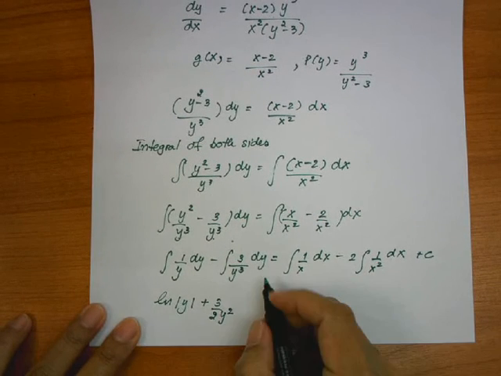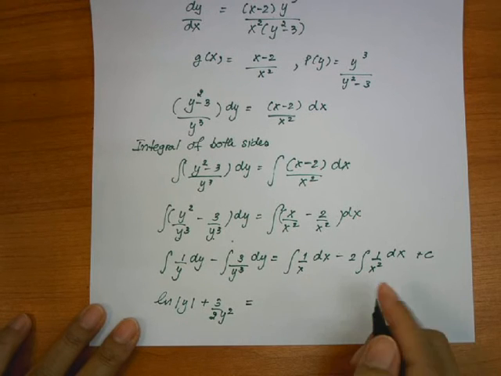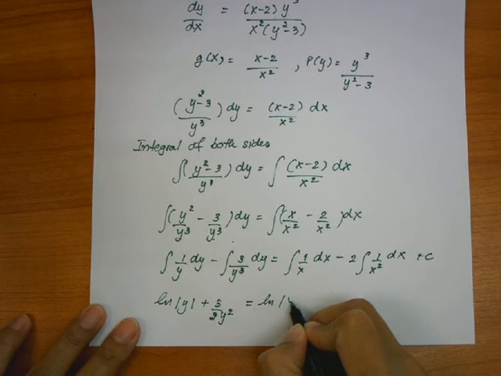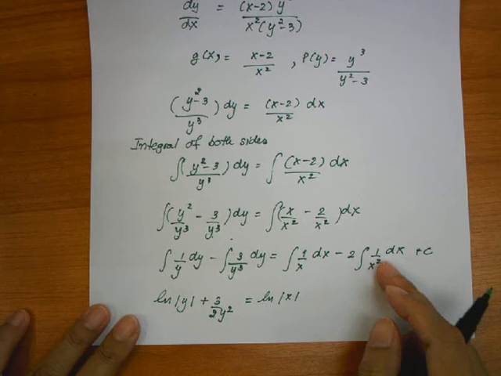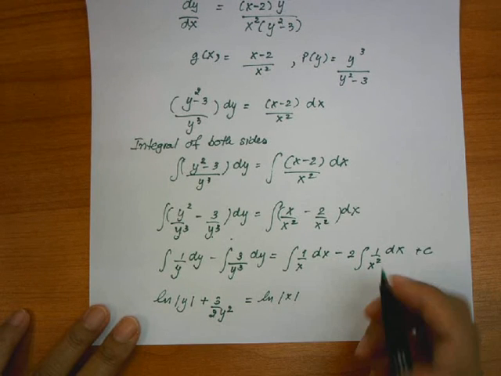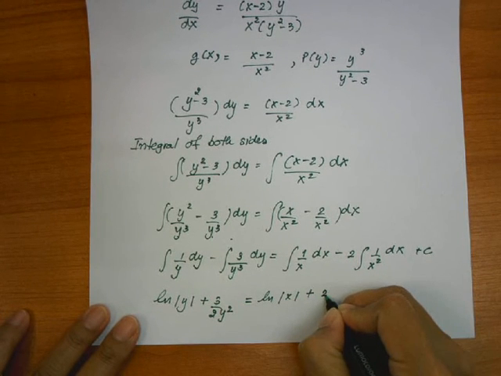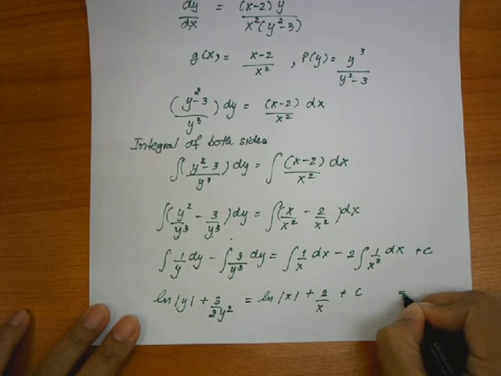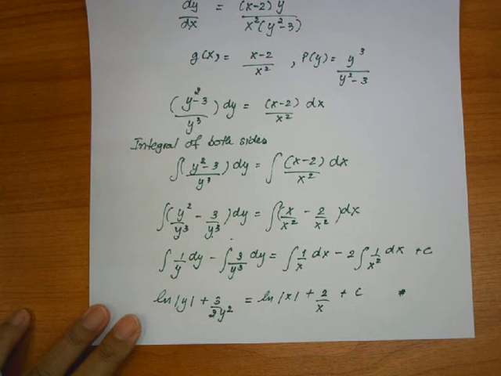Which is equal to, for 1 over x dx, ln x. For 1 over x squared dx, the integral is equal to minus 1 over x. Minus and minus become plus. Just that.